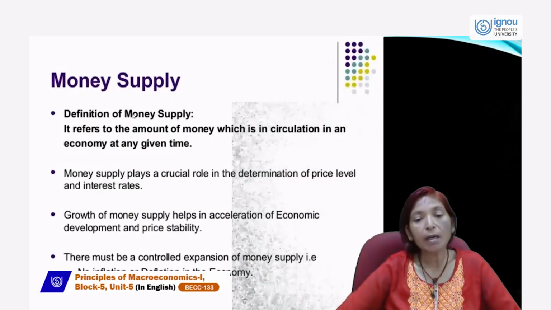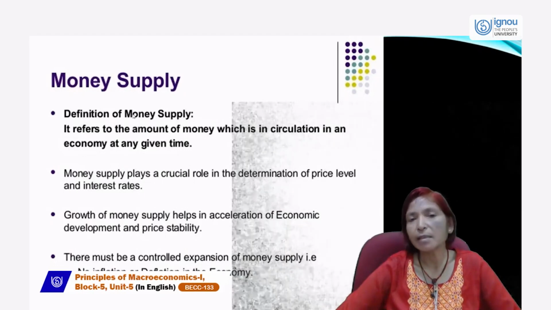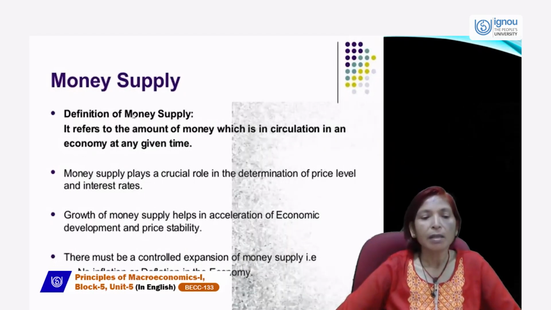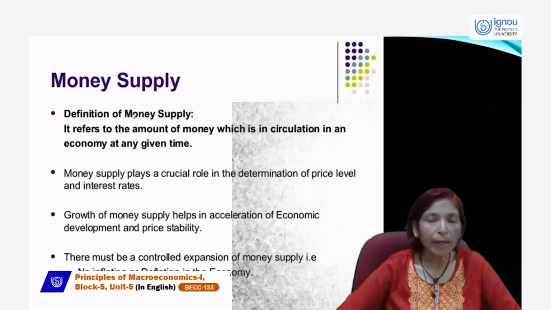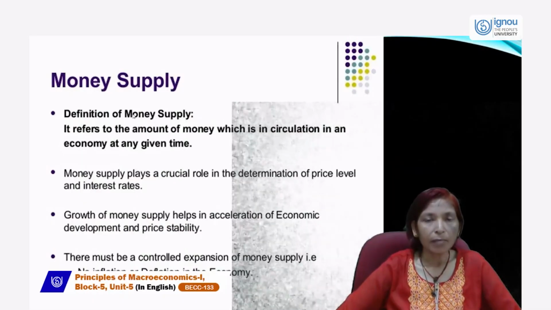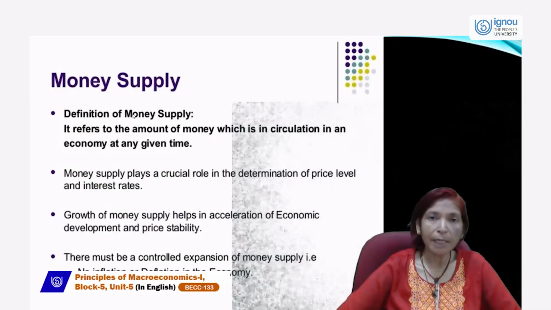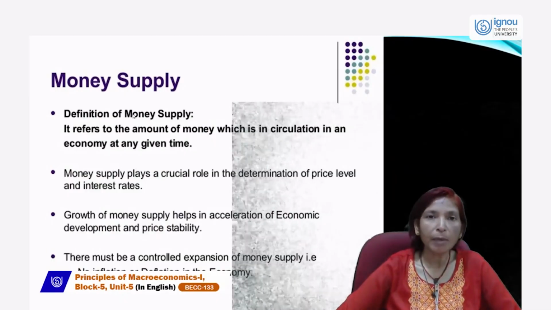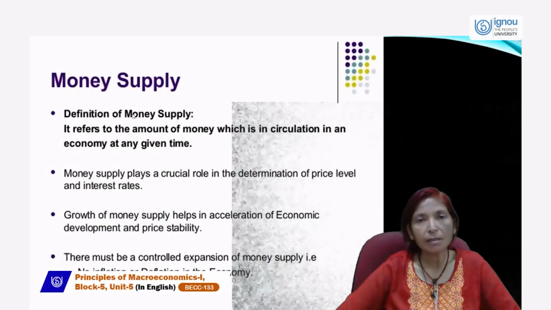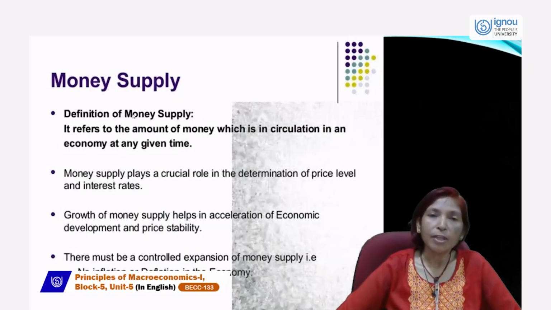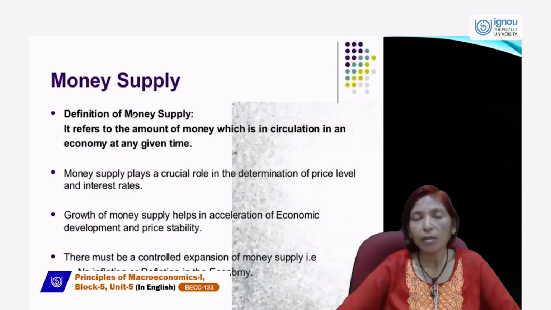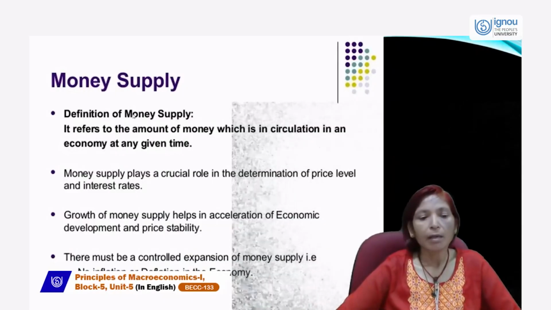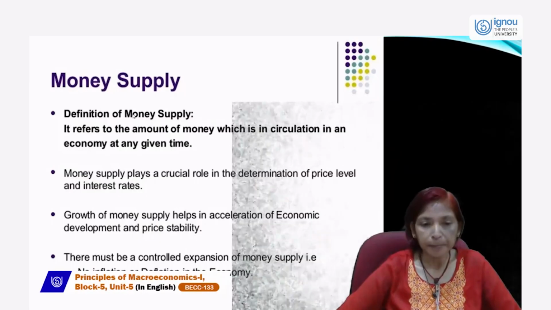So there must be a controlled expansion of money supply, because if money is supplied in larger quantity, money demand is less but money supply is higher, then what will happen? Inflation will occur. Inflation is the situation when the price level increases continuously or persistently for a longer time period.